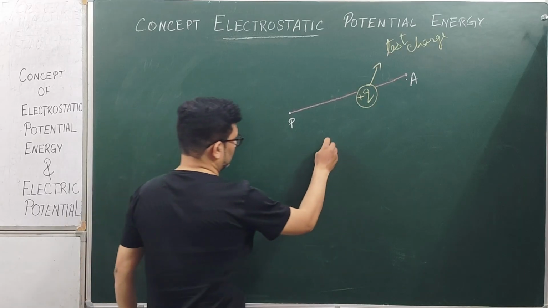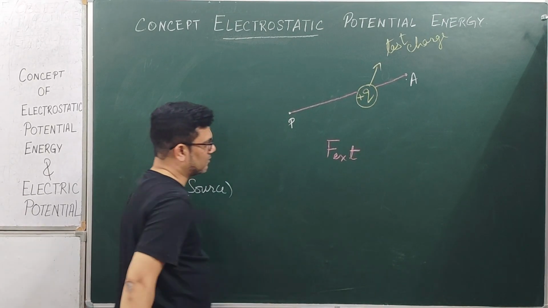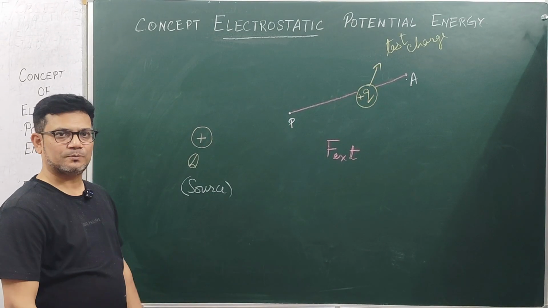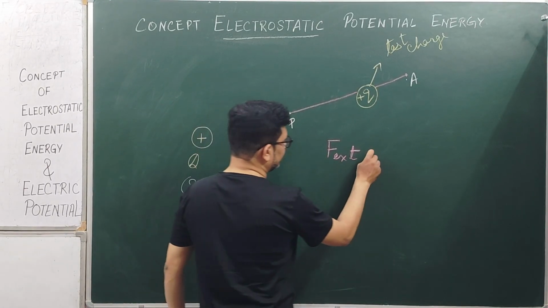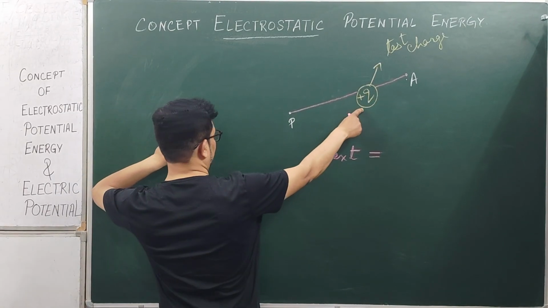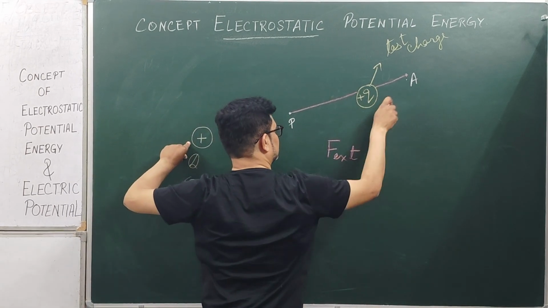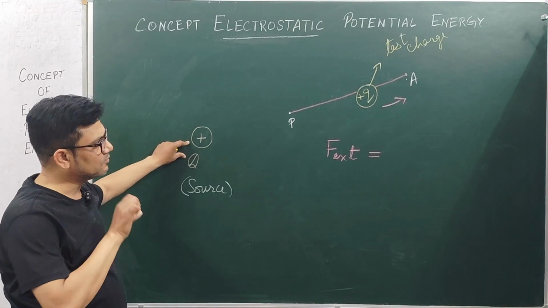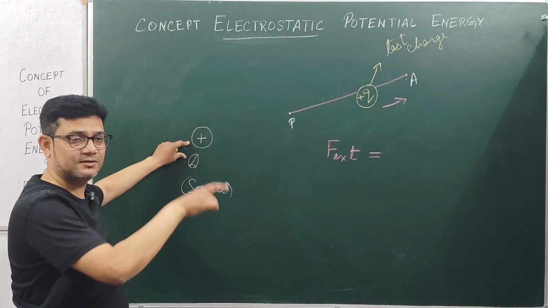So what we need to do is exert a force, which we call the external force F. Keep in mind that this external force is exactly balancing the electrostatic repulsive force. This plus Q charge is going to push the test charge in this direction. Both are positive, so there is a Coulomb's force acting, pushing it, and we call this Fe.